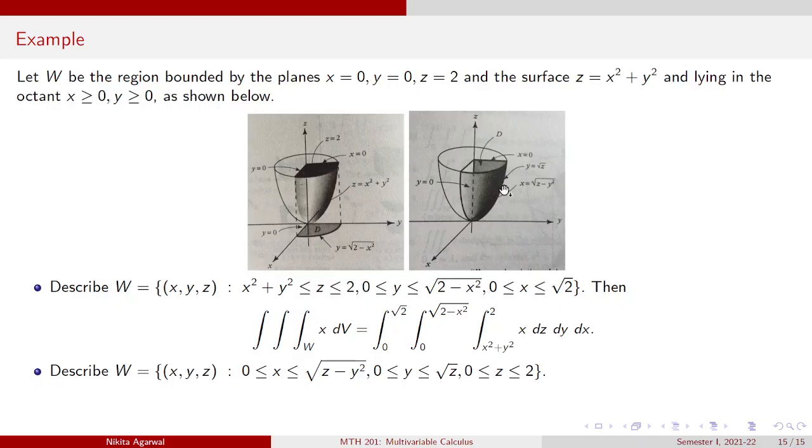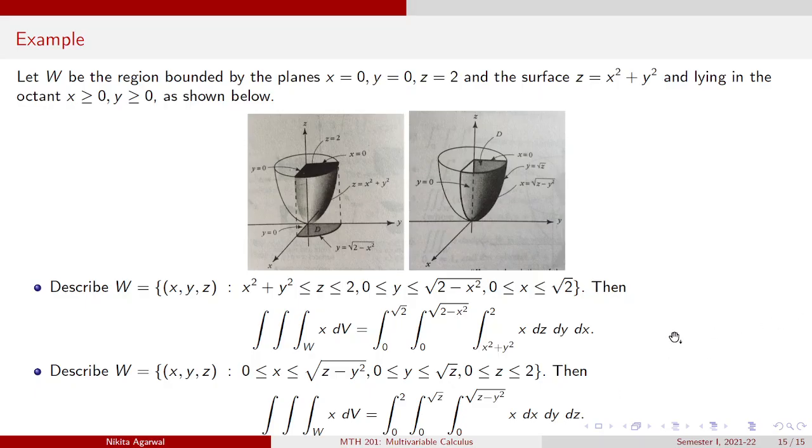This graph is basically z equal to x squared plus y squared. So what is x? x is square root of z minus y squared, this top one. Now if you use this, then the triple integral would come out to be this. You can solve these two integrals, and the answer should come out to be the same because we have just described W differently in this case.